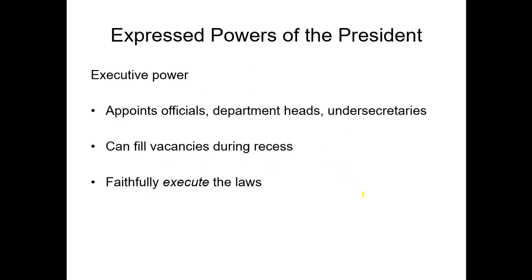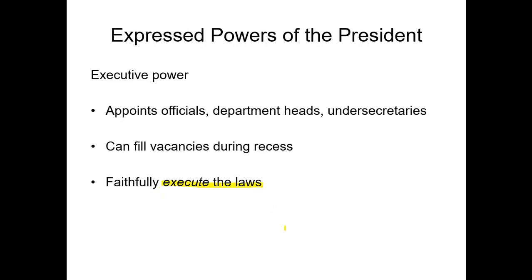There have been some controversial times where the president has nominated somebody that the Senate is not very happy with, and they send out signals that they might not approve that person, and the president may put them in that vacancy during a recess, and that could create some controversy later on as far as the validity of that person's appointment.